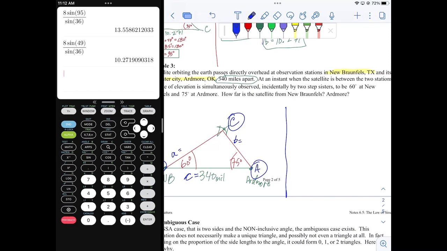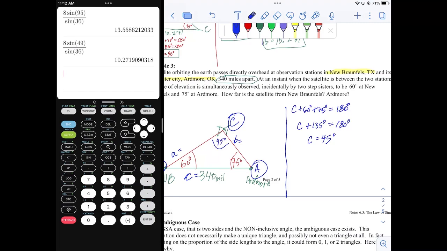We know that angle C plus 60 degrees plus 75 degrees has to equal 180 degrees. So that means 135, 180, so C is equal to 45 degrees.